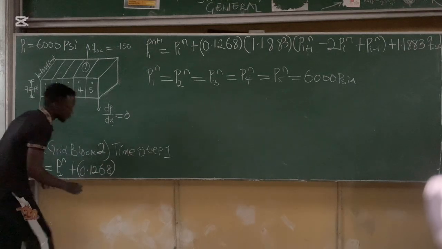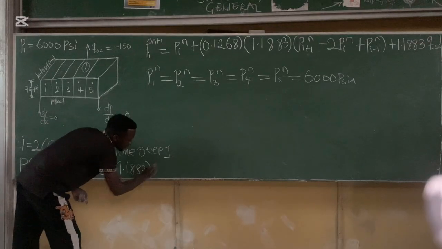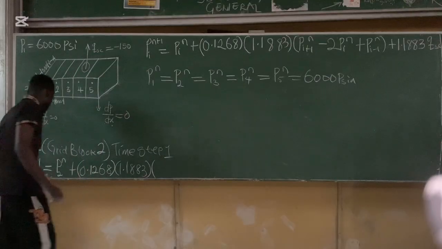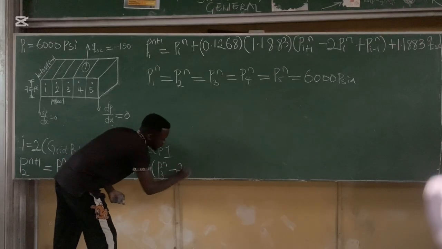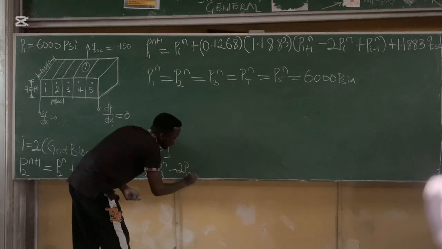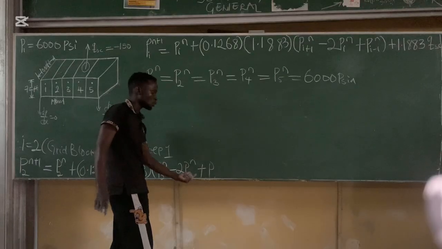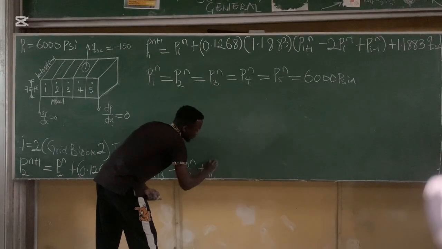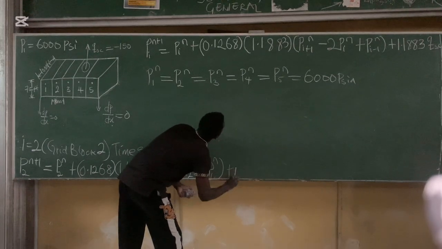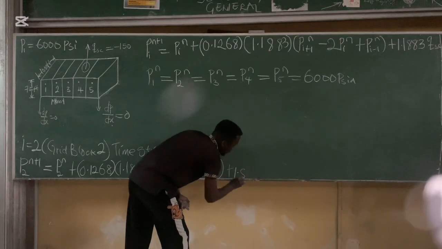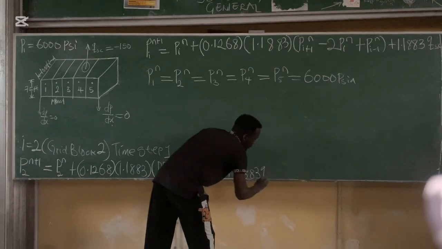P2^n plus 0.1268 into 1.1883 into (P_{i+1}. Here i is 2, so it becomes P3^n minus 2P2^n plus P_{i-1}. Here i is 2, so it becomes 2 minus 1, which is 1, raised to power n) plus 1.1883 multiplied by QSC.